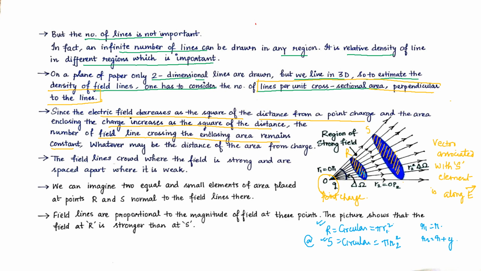Now see, this is a point. From here we have to calculate the inverse square law. We have to understand what it is. So at this particular distance, this is the area. At this particular distance, if we find out properly, this is the area.